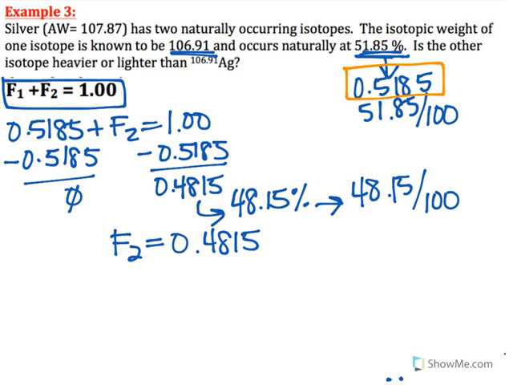Because we know that there are only two naturally occurring isotopes, and the percentage of isotope 1 is 51.85%, we know that the percentage of isotope 2 has to be 48.15% because there are only two isotopes.